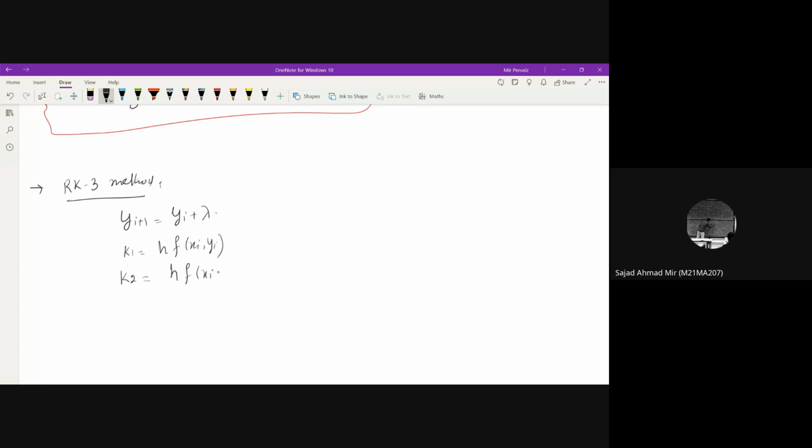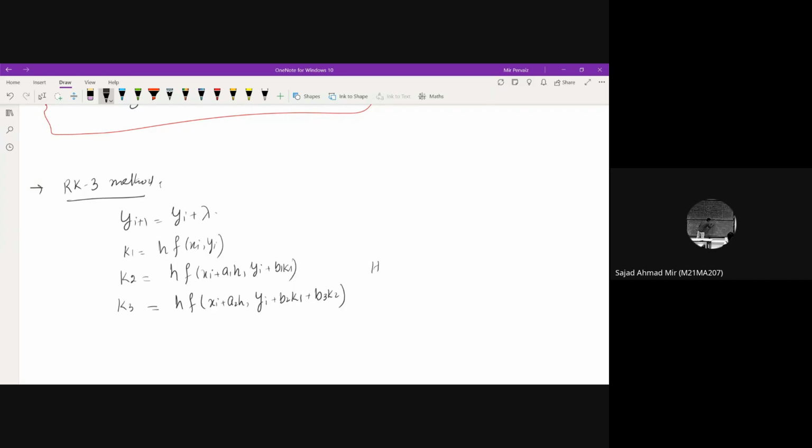F of (x_i plus a1h, y_i plus b1 k1). Now you have a third term k3, which is f of (x_i plus a2h, y_i plus b2 k1 plus b3 k2).